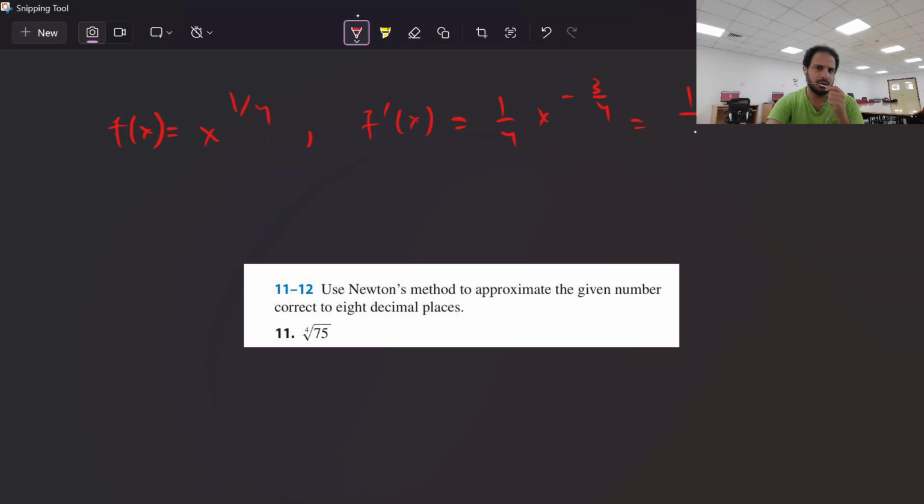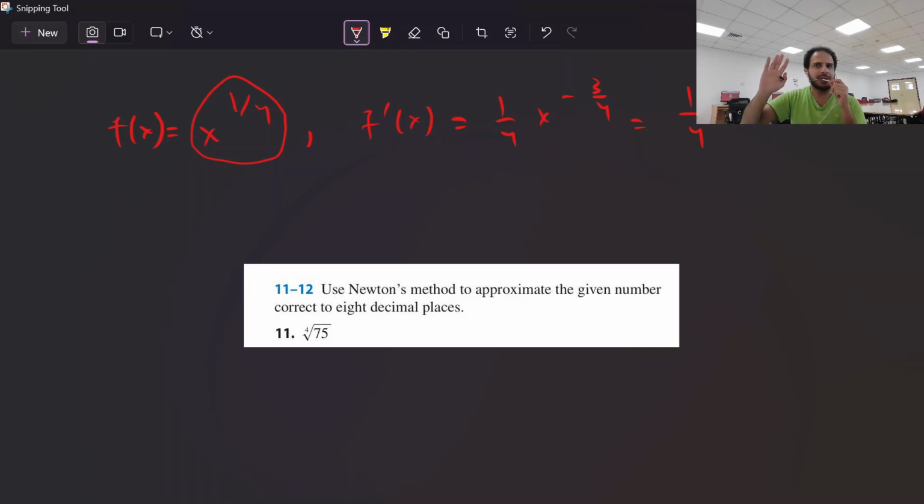Equals 1 over 4. I think I have a problem with this way. Do you know why? What do you think? Theoretically, this will work. But what do you think my problem with this method? Will it take longer than the other one?